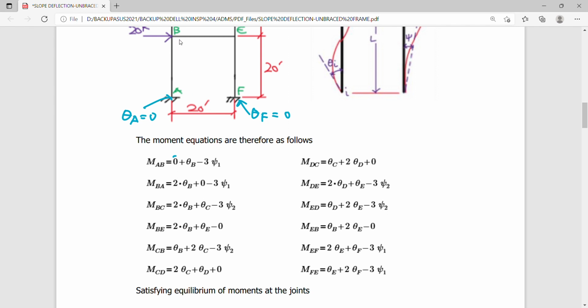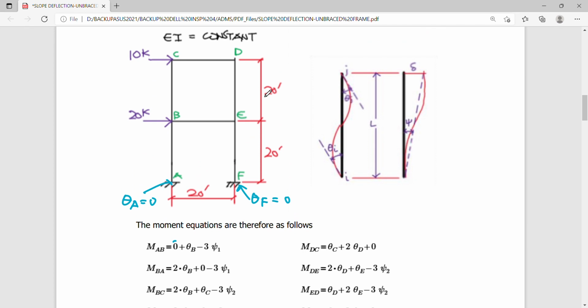Take note that there will be translation later here, which will represent your psi 1. This is actually a chord rotation. A chord means a connection between the two end joints that represents the slope of this deformed geometry.